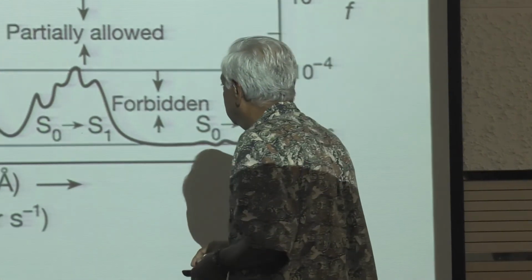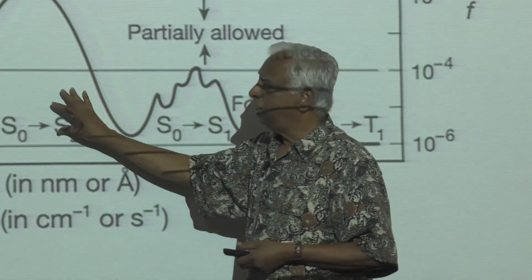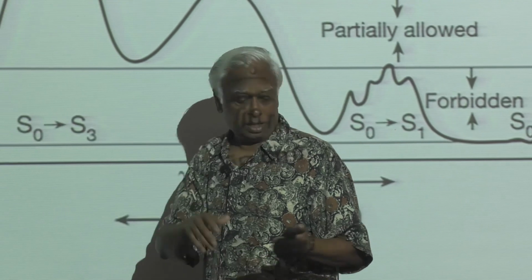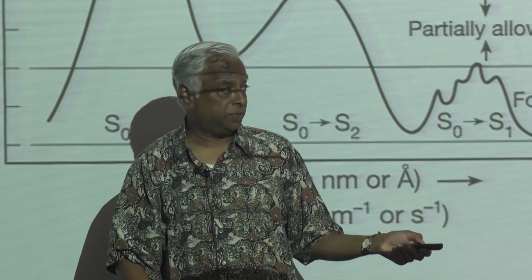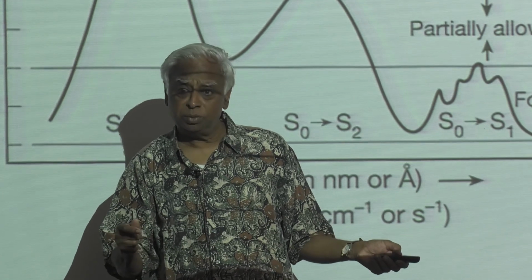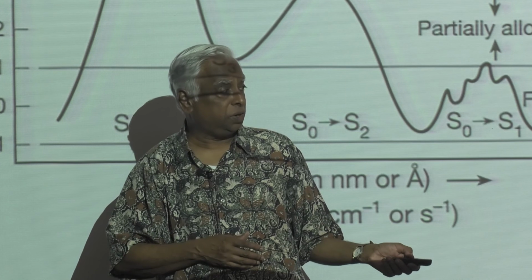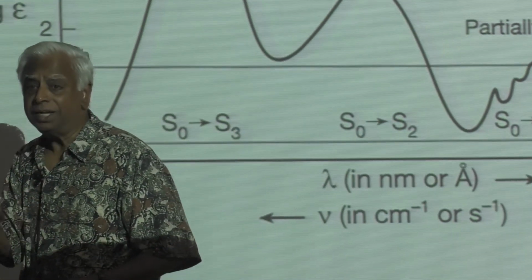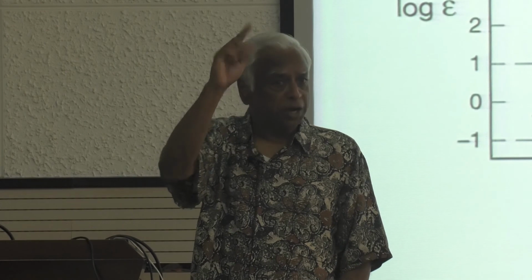So now the question is, why is this absorption weak, medium, and very strong? Although this absorption requires a lot higher energy, S0 to S3, that molecule wants to go to that state much more efficiently than going from S0 to S1, which is much smaller energy. So energy is not the criterion. It is basically whether the electrons can go from one orbital to another orbital.